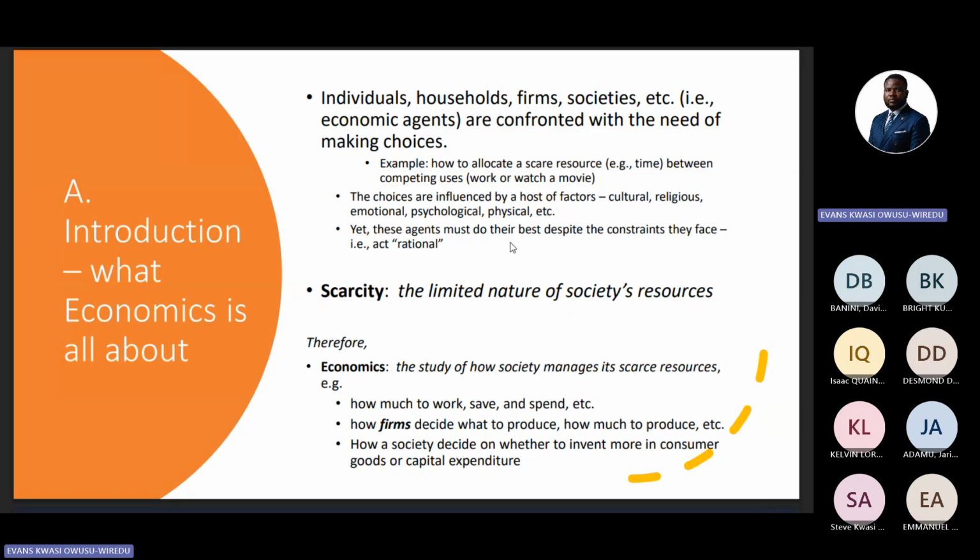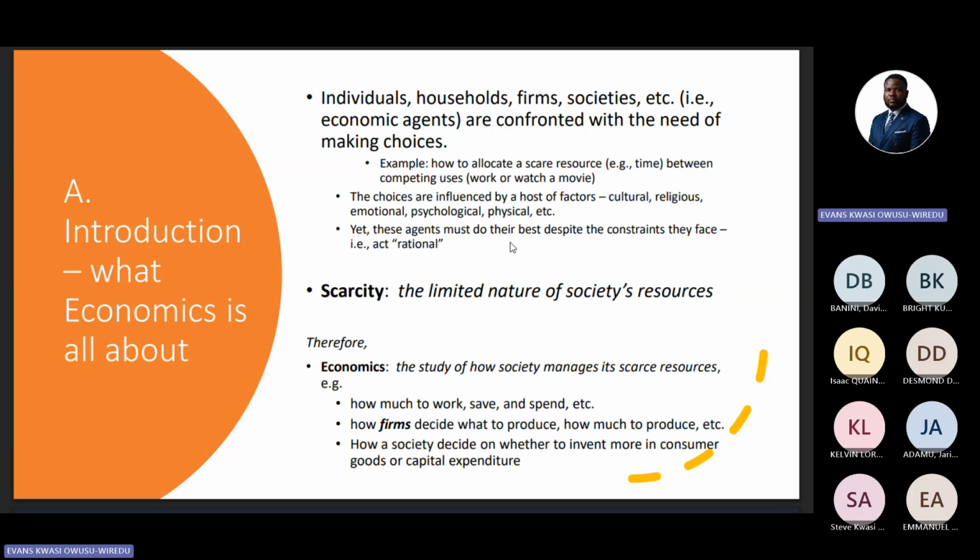When we talk about society in this context, we are talking about everybody: you, me, government. Together we make the government. So it is the same individuals that make the government, but we are using a collective term here. So the study of how society manages its resources is the main focus.